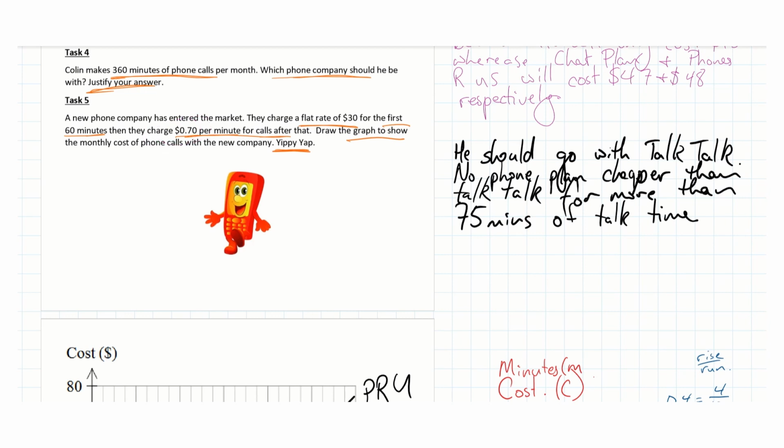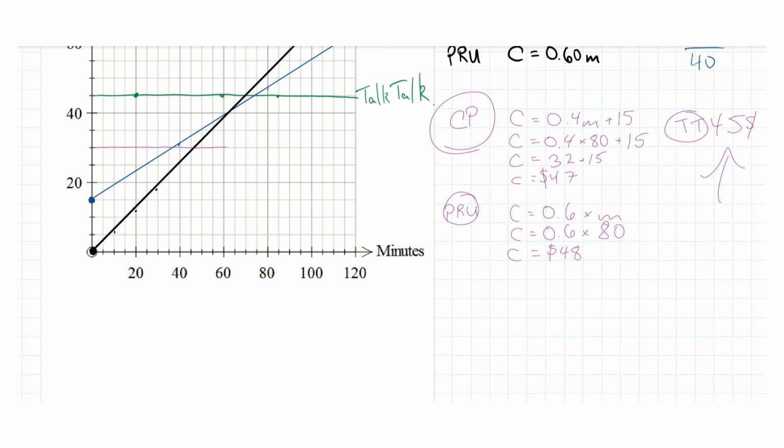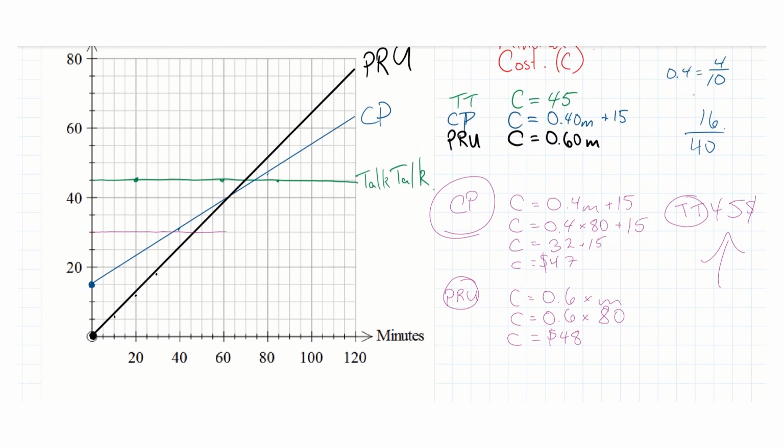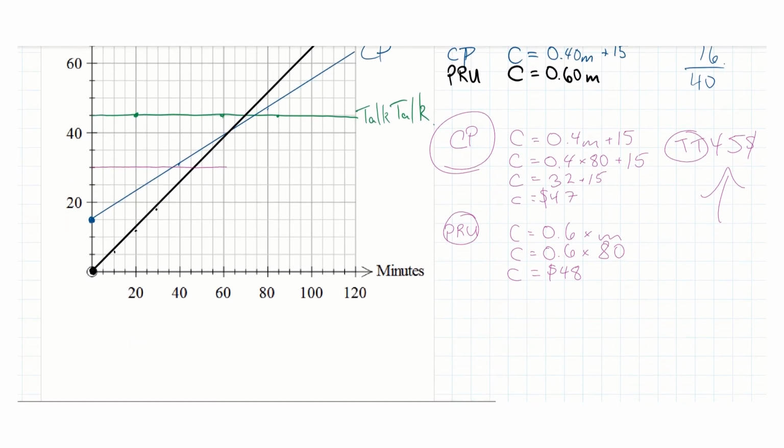I can look for my gradient. 0.7 as a fraction is 7 over 10. So as I go over 10, I want to go up 7. Here's me going over 10 and up 7, and then over 10 and up 7.